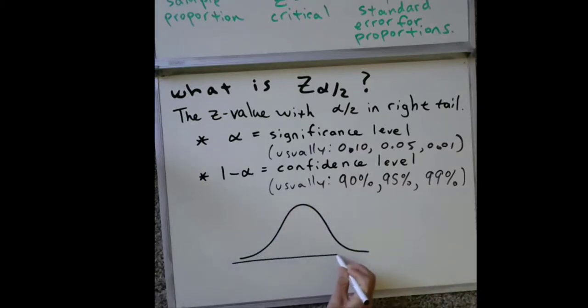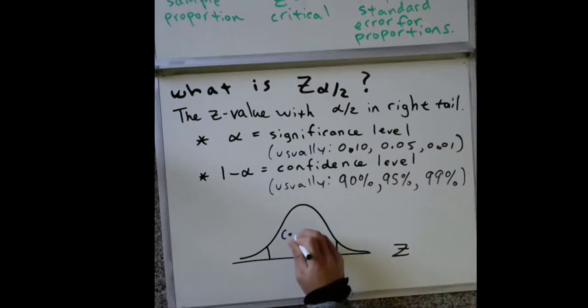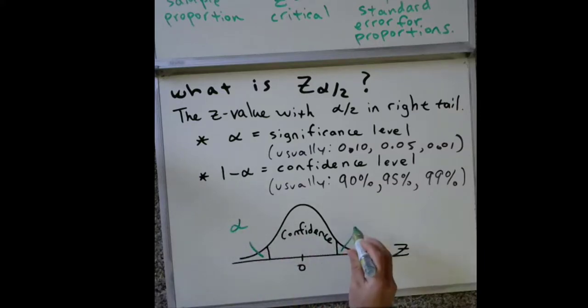To illustrate this with an image, this is the Z distribution. 0 is always in the middle. Confidence refers to this middle region. It's most of the area in the center. So if you think about that as, say, 90%, then the leftover region would be alpha. But that would need to be split into tails. So this is essentially a backwards problem.